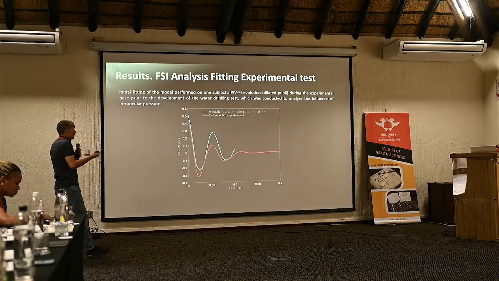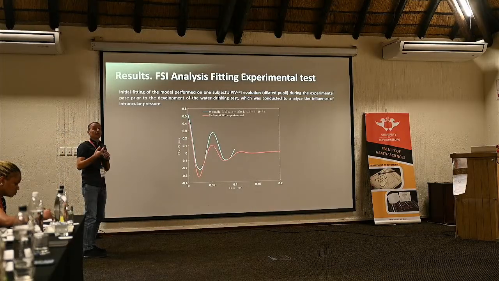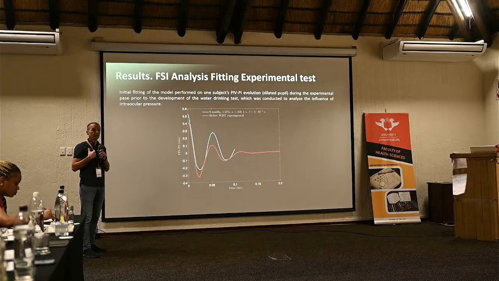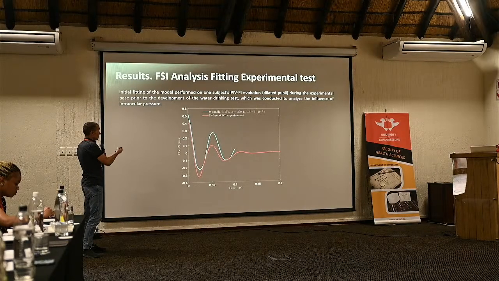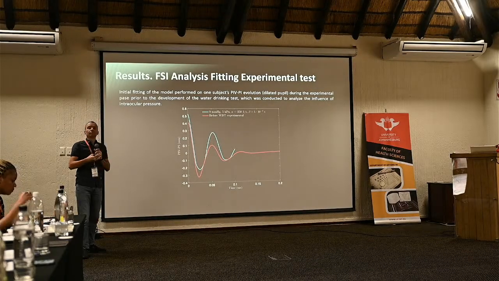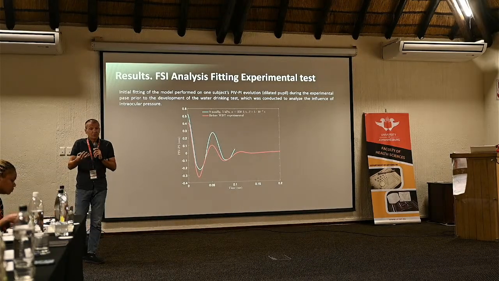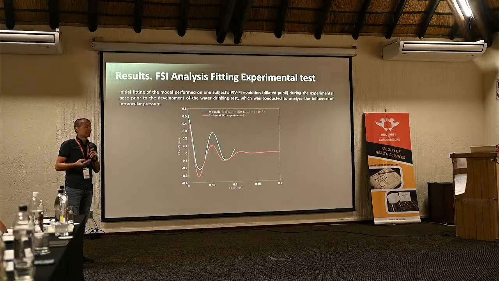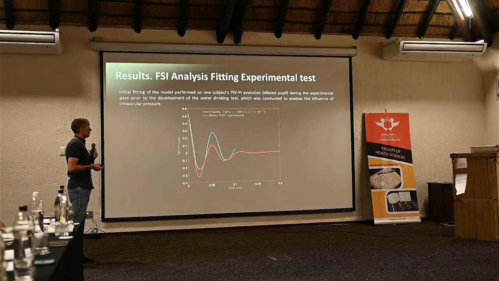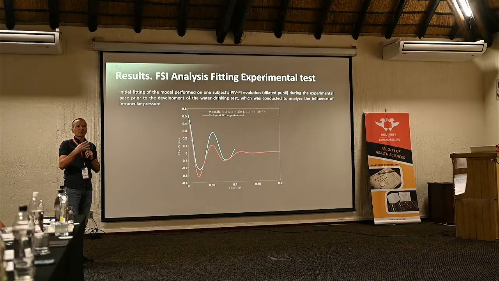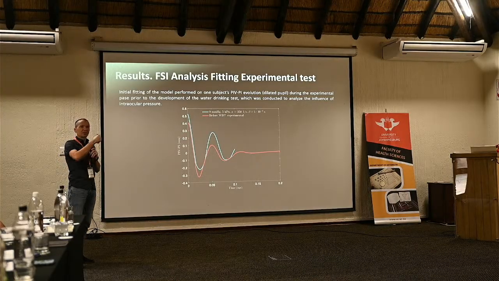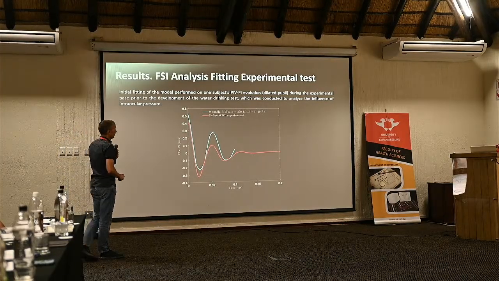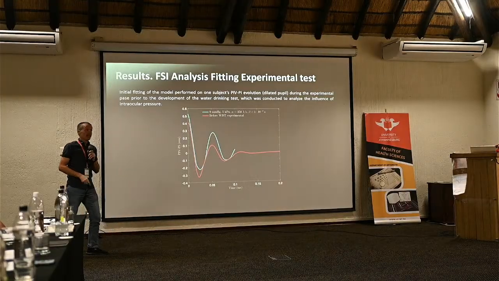So we try to fit our model results to that experimental result. You can see here that maybe it's not the best approach, but it's an initial one, and we will try to improve that, taking into account some limitations that I will explain later in the discussion slide.